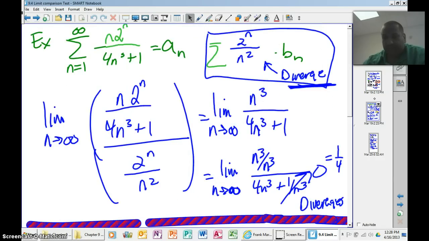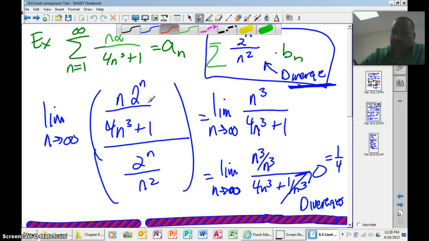Let's do another example. This is a of n, so I'm going to make something look like that, and I'm going to say this is b of n, 2 to the n over n squared, and I'm going to divide them. When I divide them, I want things to go out. So I get n cubed up top, the two n's will cancel, and that's how I got that.